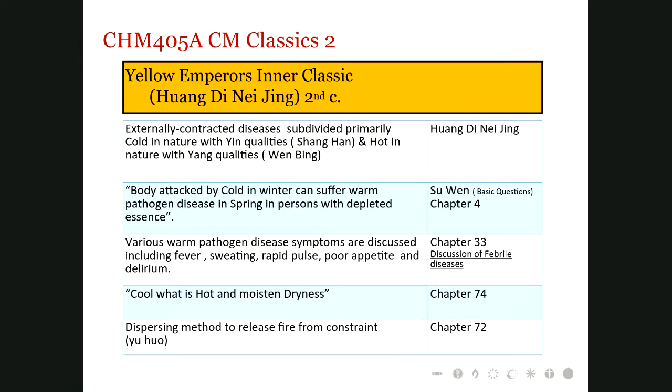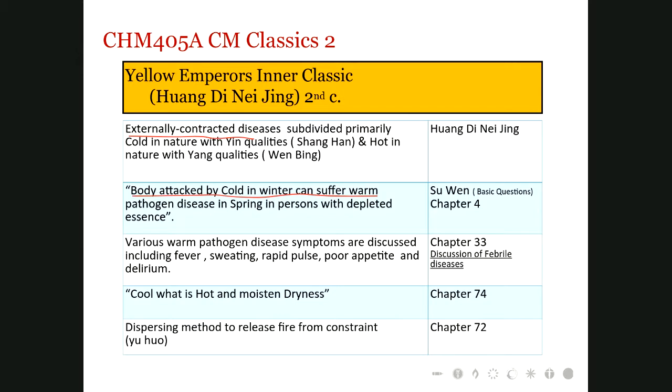In the Yellow Emperor's Internal Classics, they mention basically any kind of external contact disease, covering everything, either cold or heat involved. Part of that involved Wenbing as well, which is heat dominated. In the Simple Questions, still the Internal Classics, it mentions that a body attacked by cold in winter can suffer warm pathogen disease in spring.